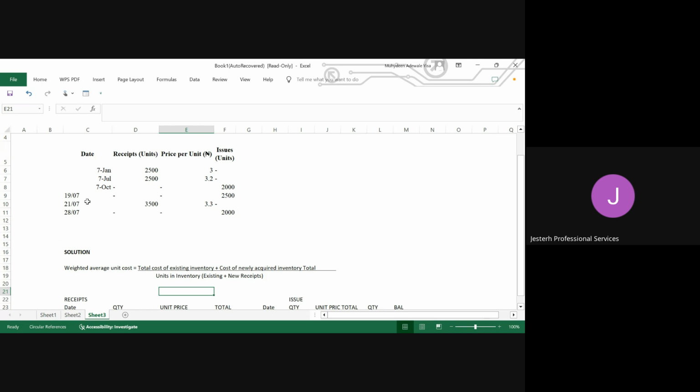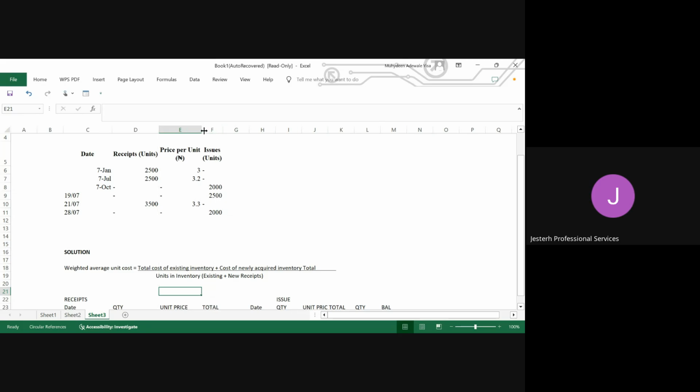Okay. Now, the question says on the 1st of January, the company were able to purchase 2005 units of a particular product.